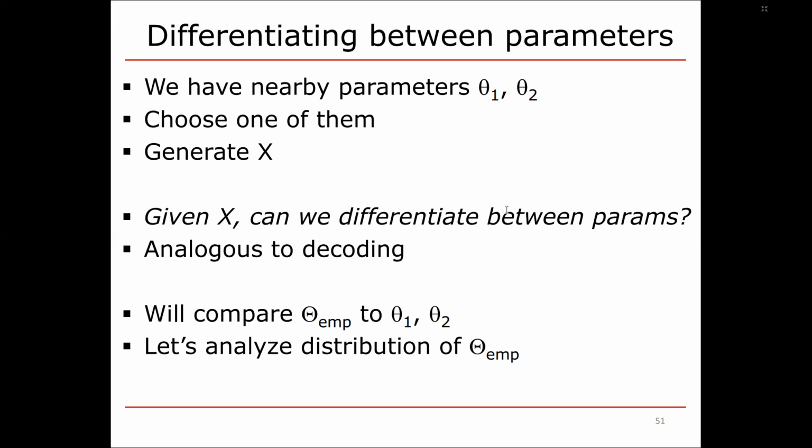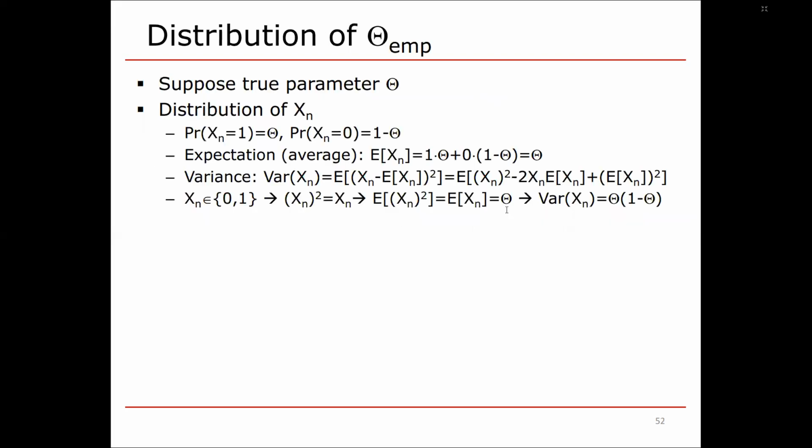This is similar. And what we're going to do is approach this decoding problem by computing the empirical probability and comparing it to theta1 and theta2, the two possible parameters. To understand the possible performance, we're going to analyze the distribution of the empirical probability.